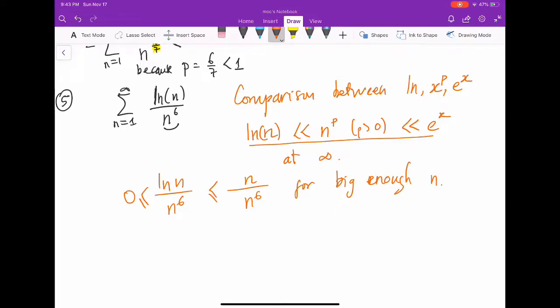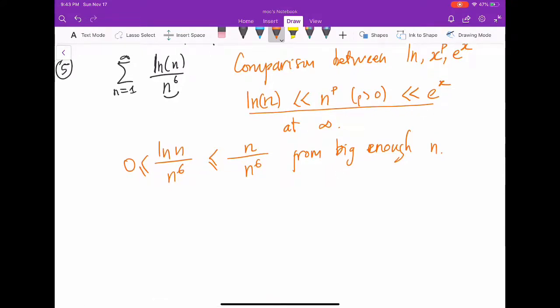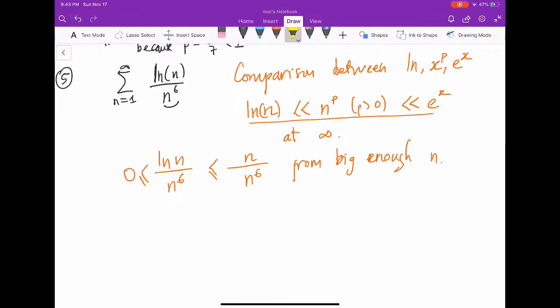Let me remind you about this: this inequality might not hold for all n, but from a big enough n, if this inequality holds, then we can cut the finite part. So we can use comparison for the infinite part of this series.